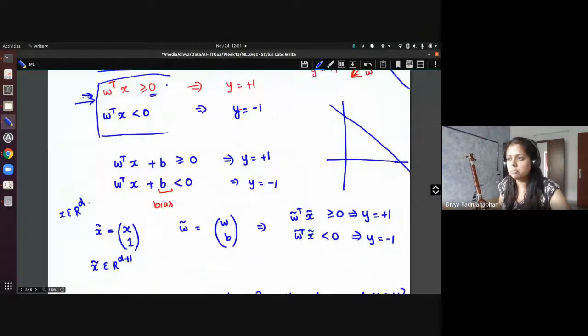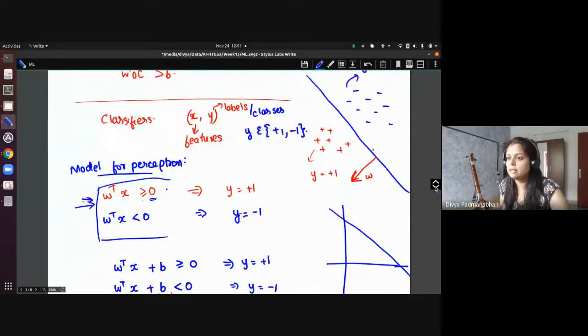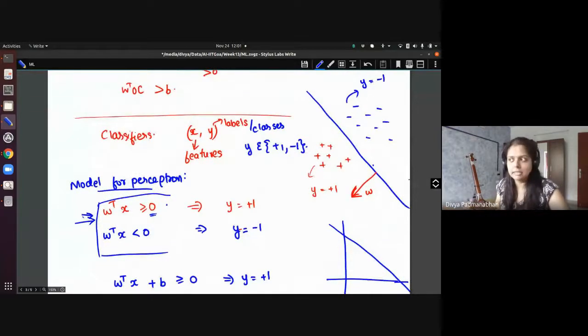The model of the perceptron was something like this: if you have a hyperplane, what you're essentially trying to learn is the hyperplane, with the positive examples on one side and the negative examples on the other. So this was the underlying model. It was a linear model, okay, because the decision surface was a linear boundary, and this is what you were trying to learn.